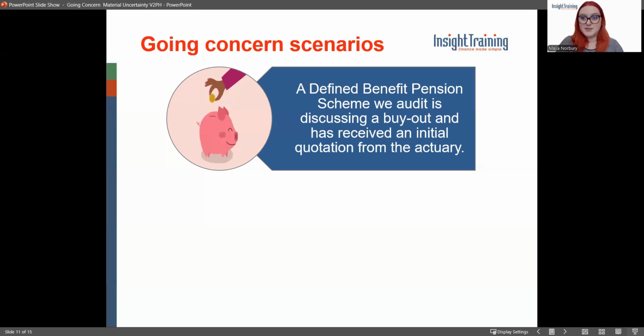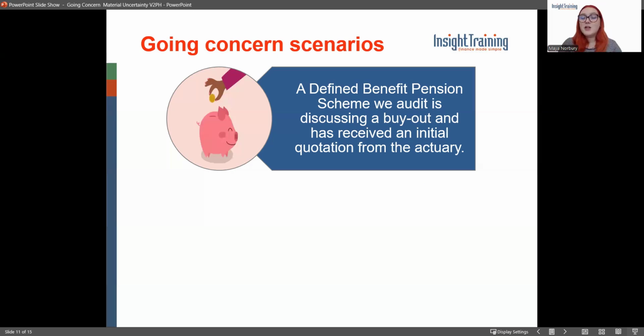So in that circumstance, where at the date of the audit report signing, all that's happened is a bit of an initial quotation, nothing's been signed, we then prepare those accounts on a going concern basis and there is no material uncertainty. So we just have our conclusions related to going concern paragraph.